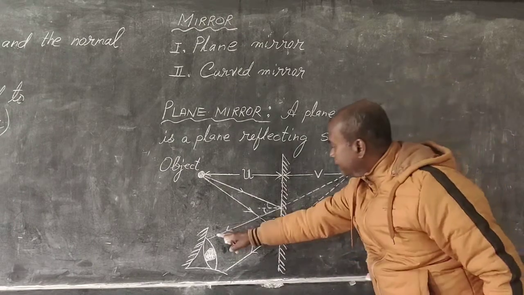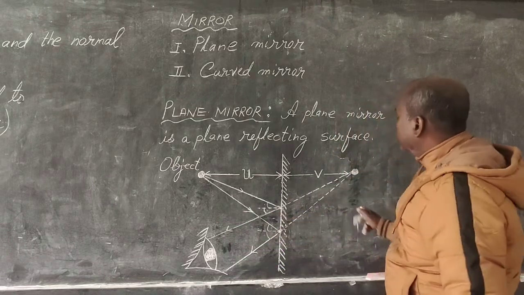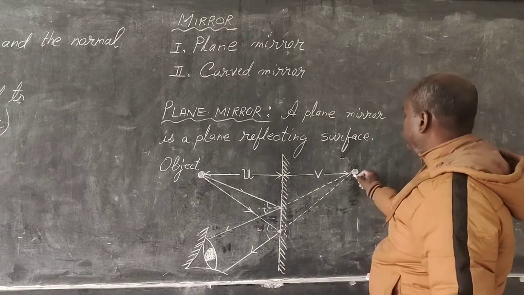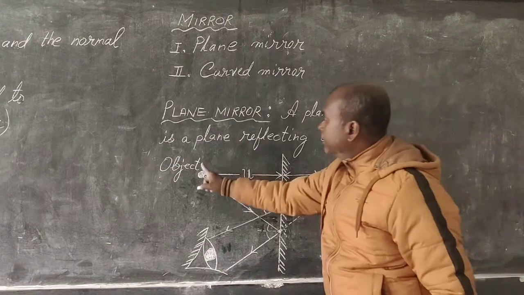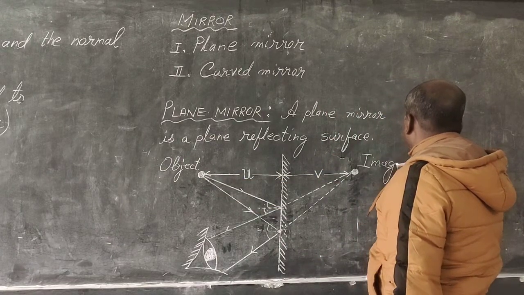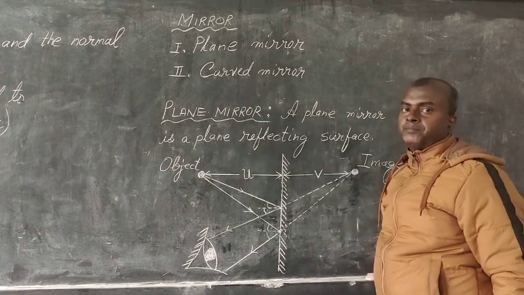So when you pull the rays backward behind the mirror, make sure they are straight. They will come and meet at one point behind the mirror here. This point is the point where this object's image will be. So this is the image of this particular object.